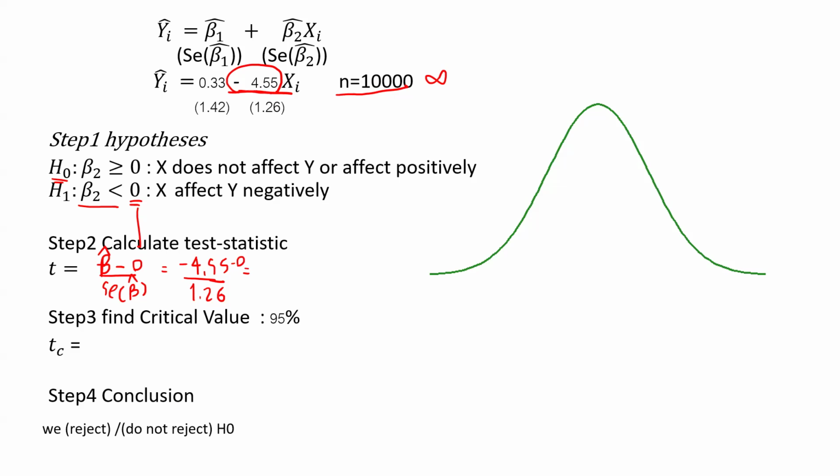And what number do you get? Minus 3.61. Thank you. And the third step, find the critical value.